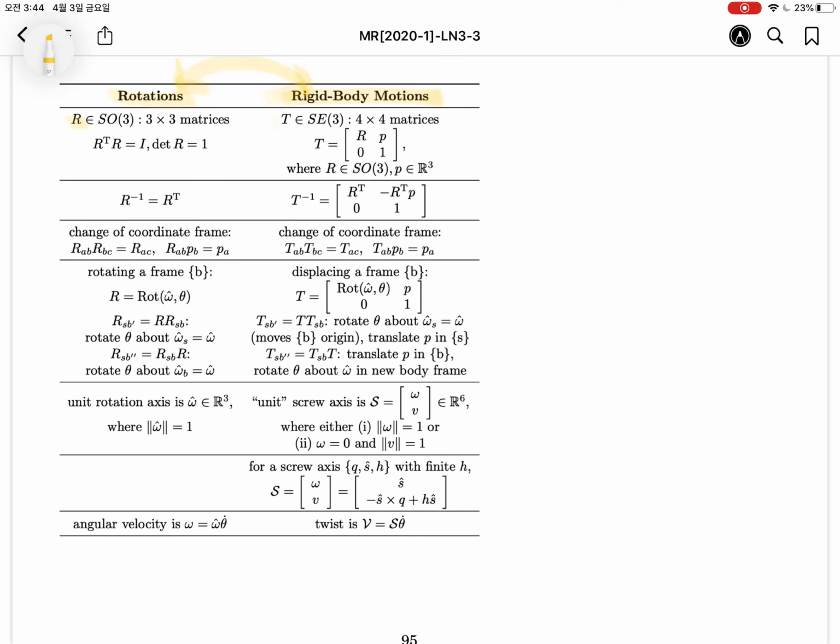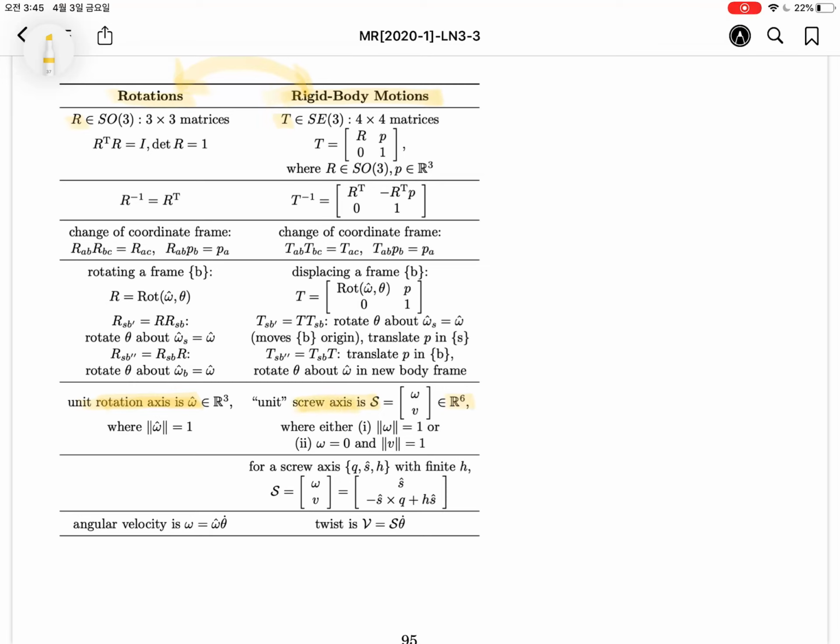The rotation matrix corresponds to the homogeneous transformation. And the rotation axis describes the exponential coordinates for rotation. It is extended to the screw axis as a 6-dimensional space.